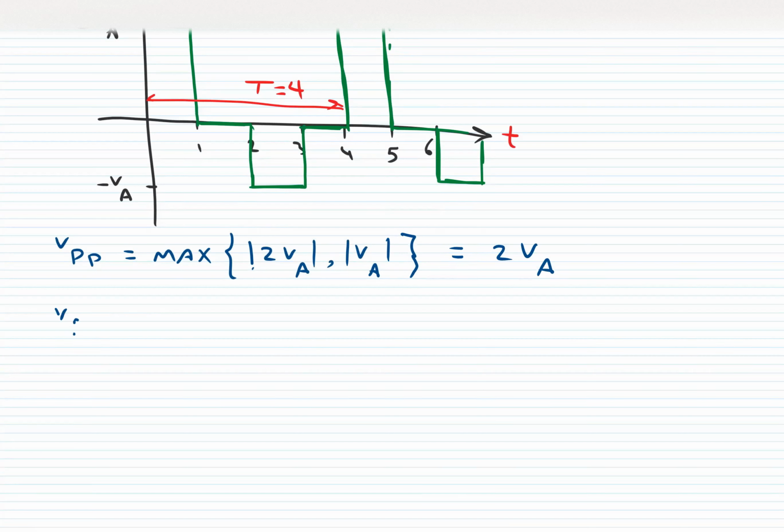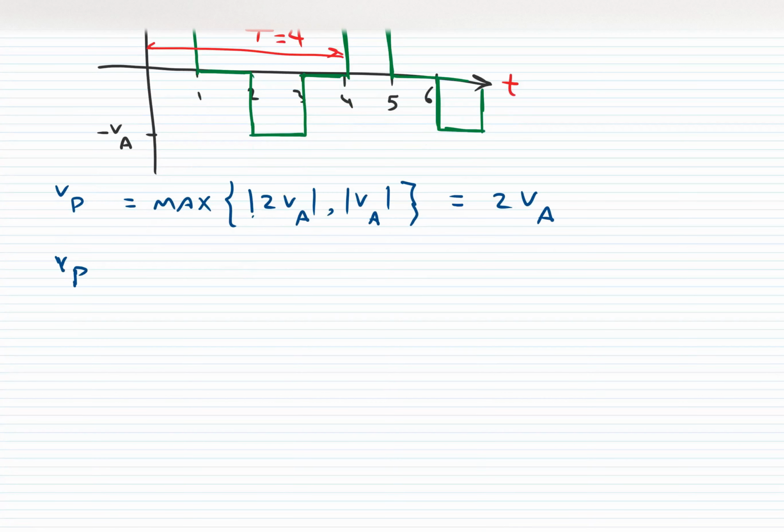V peak. I'm sorry, the V peak is the maximum value, which is between 2VA and VA.